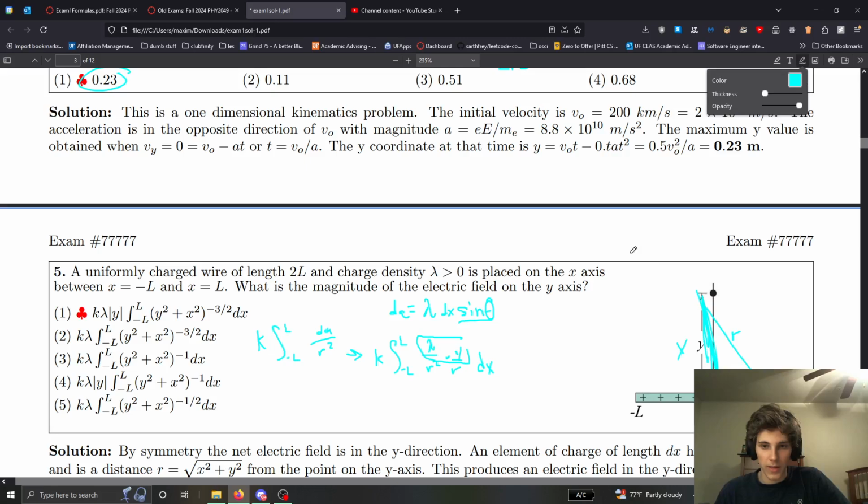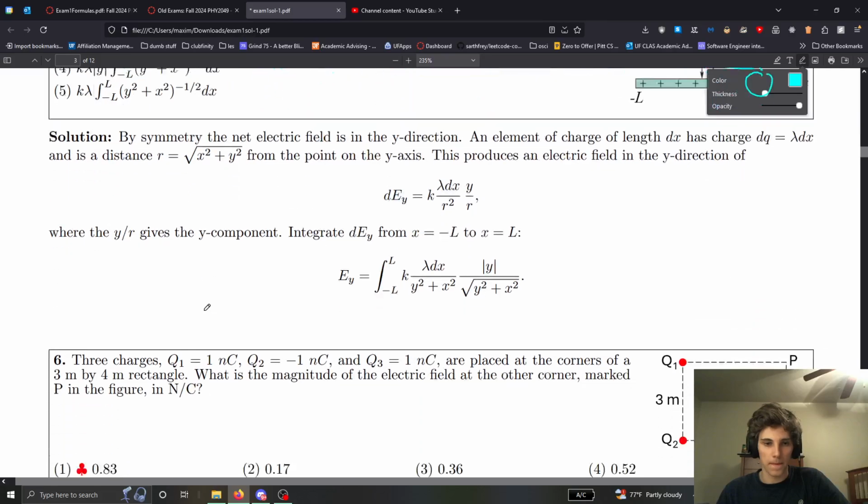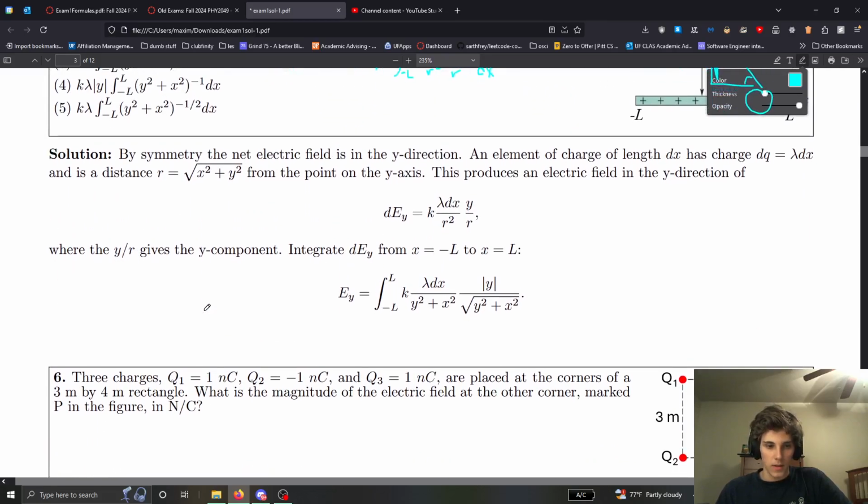And that r is the square root of x squared plus y squared. So if we're raising r to the third power, we're just raising x squared plus y squared to the 3/2 power, since they're on the denominator, negative 3/2. So this would be our answer, number 1. Okay, magnitude of the electric field here with these charges 1, negative 1, and 1.